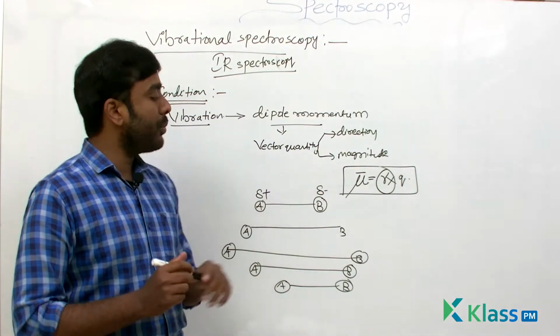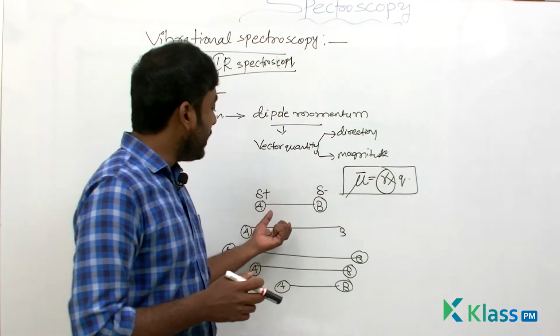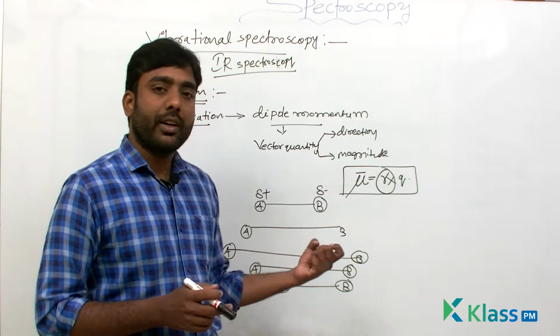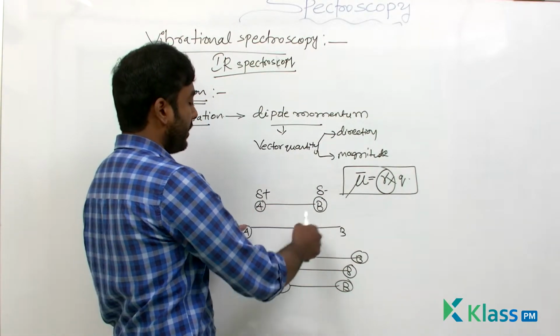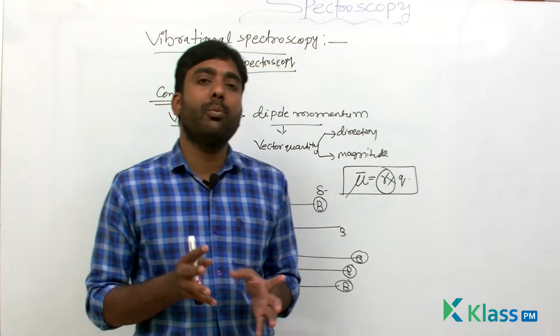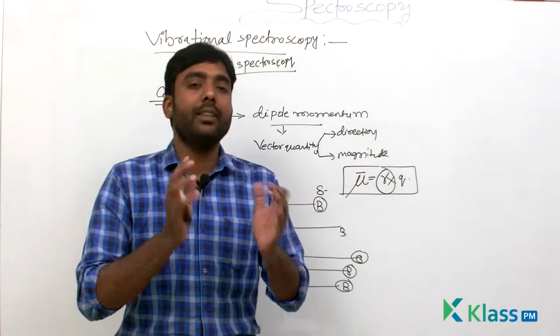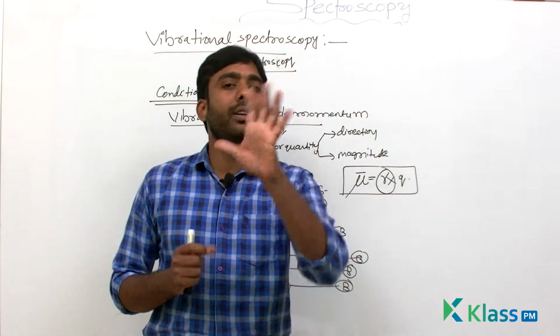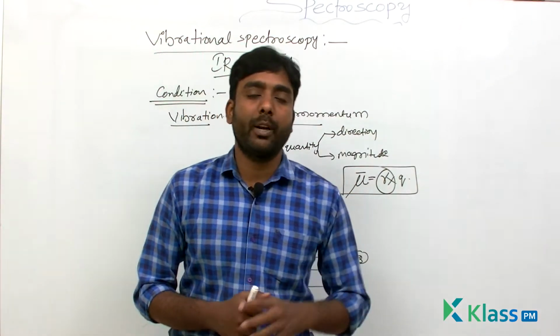Here the dipole momentum is changed due to the change in internuclear distance. The distance between the nuclei of two atoms is increasing and decreasing, expansion and contraction. So the dipole momentum has been changed due to the increase and decrease of the internuclear distance, due to change in the R. That's why the dipole momentum has been changed.